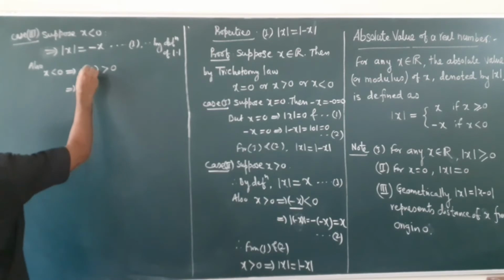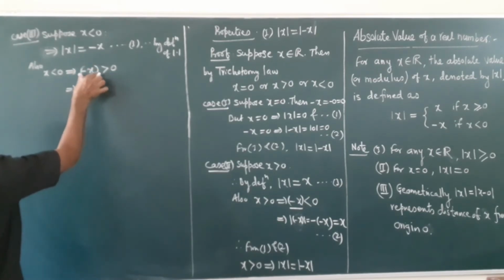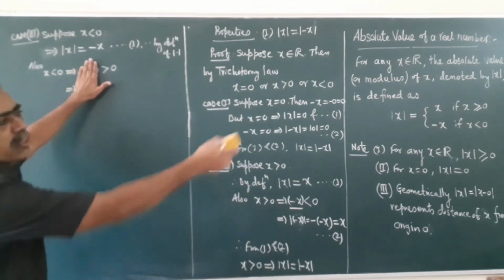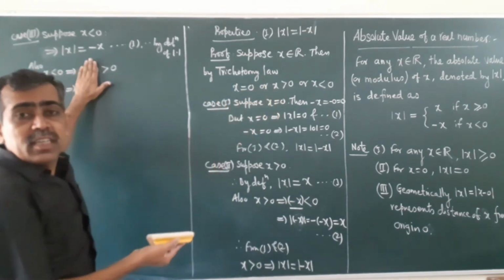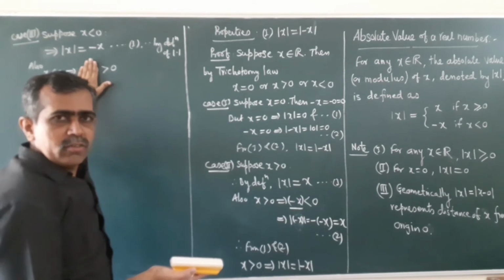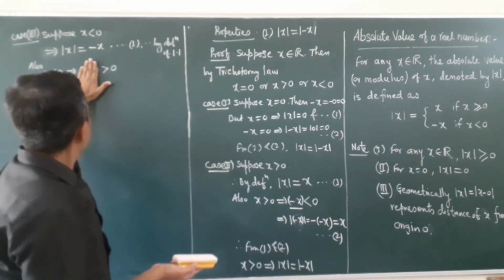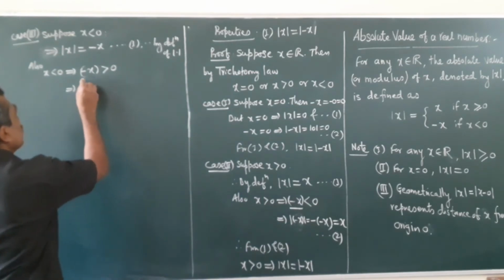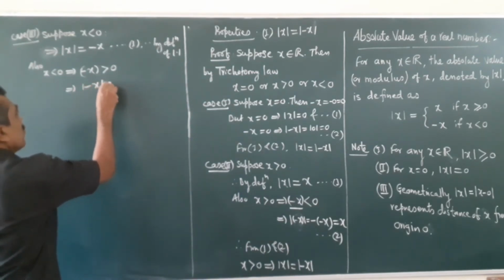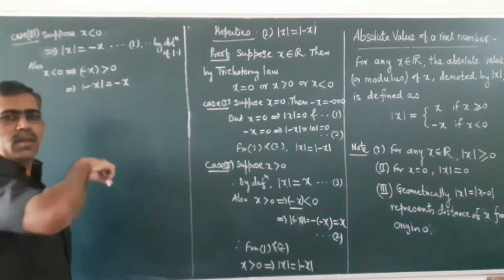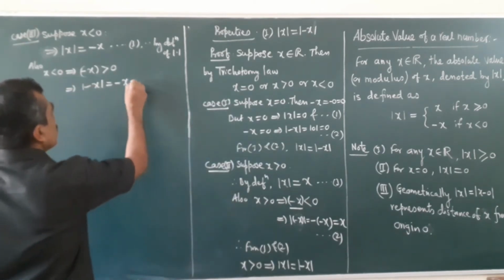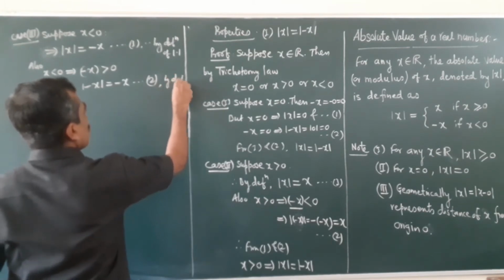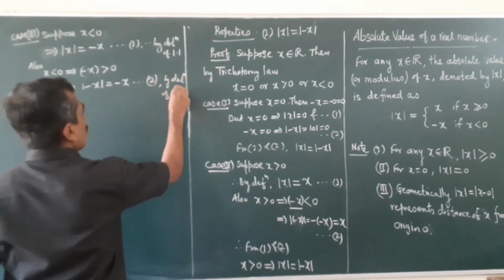By definition, if y is greater than 0, y is positive, and mod of y is y. So mod of minus x is minus x itself, because minus x is positive, by the definition of mod.